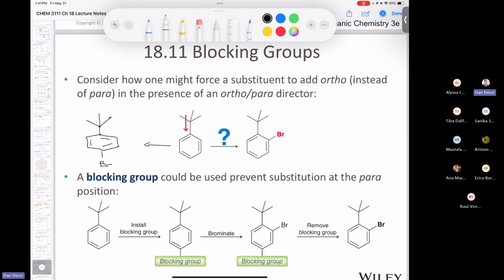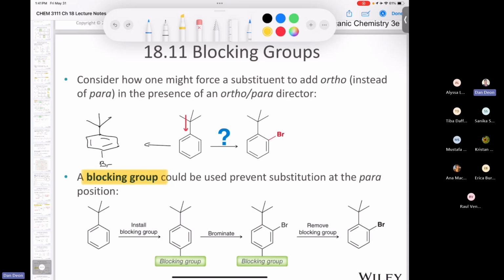However, there is a way to make the ortho compound, and the way to do that is to install what's called a blocking group. Now, it's not a protecting group. That was something else. A protecting group was used to actually mask a functional group. There's no functional group in this compound, so we can't call it a protecting group. We just call it a blocking group because what we want to do is block the para position.